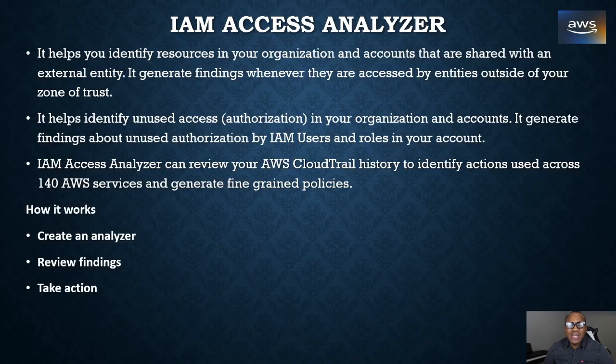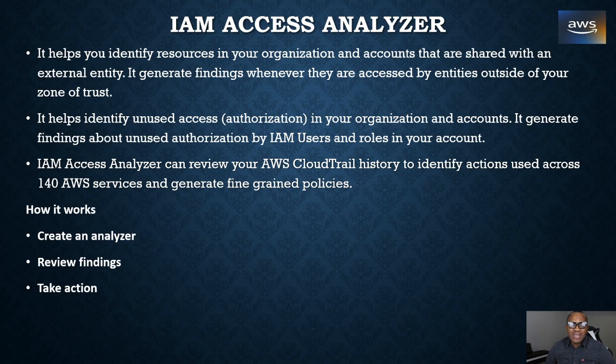Now, IAM Access Analyzer allows you to do two things. One, it allows you to identify the resources in your organization that have been exposed to entities outside of your zone of trust. Your zone of trust simply refers to people or entities that you have given explicit permission in your AWS account. It can be a federated user, it can be a range of IP addresses in your corporate network that you have used in a security group.